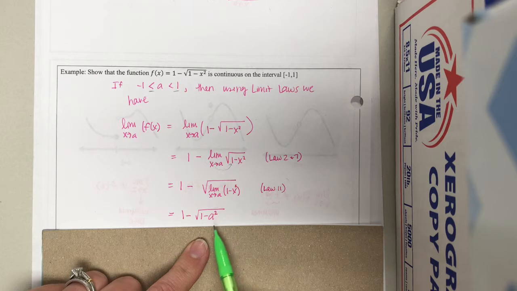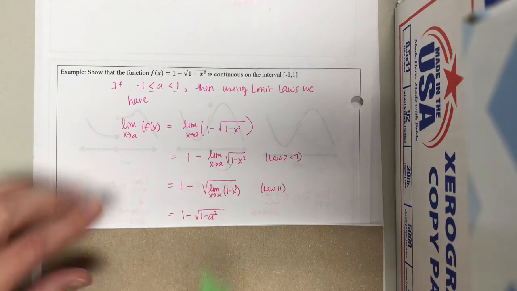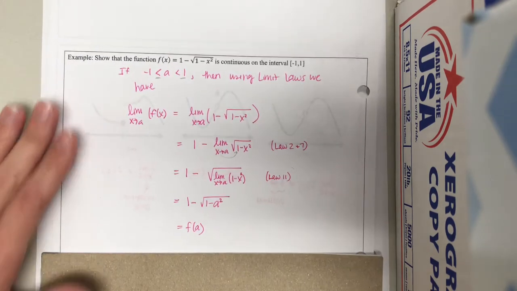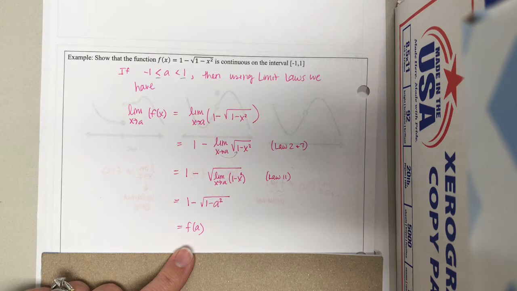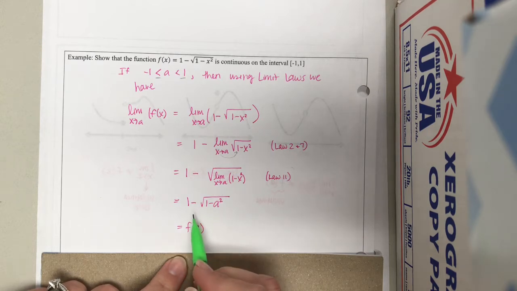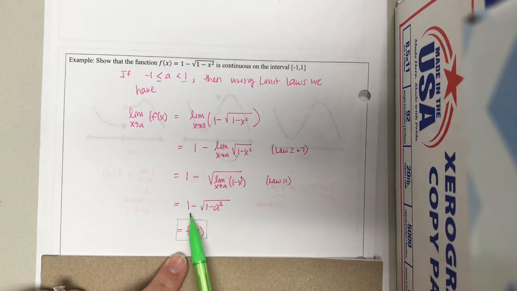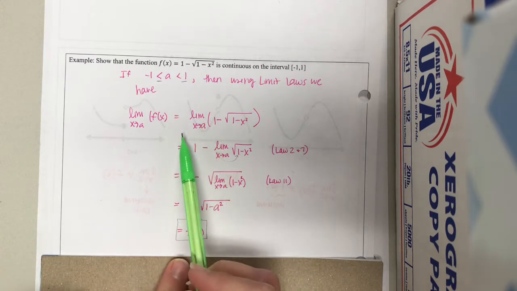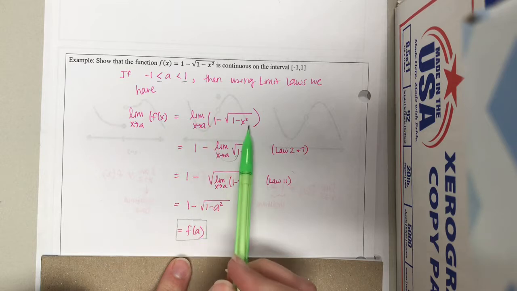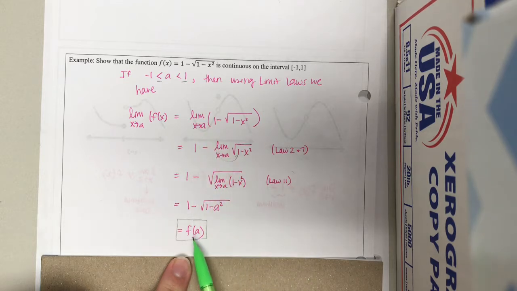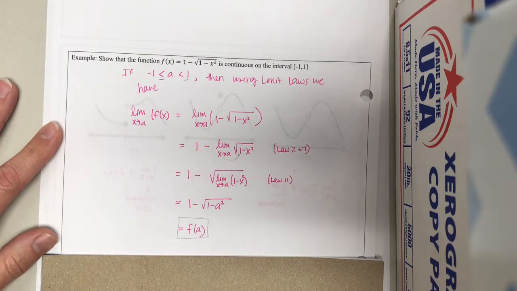Now we can plug in the a, and as x approaches a, this will just become 1 minus a squared. And that is equal to f of a. If you just plug a into this function, it would be 1 minus radical 1 minus a squared. So you're just using the limit laws and rewriting it to show that it is continuous.